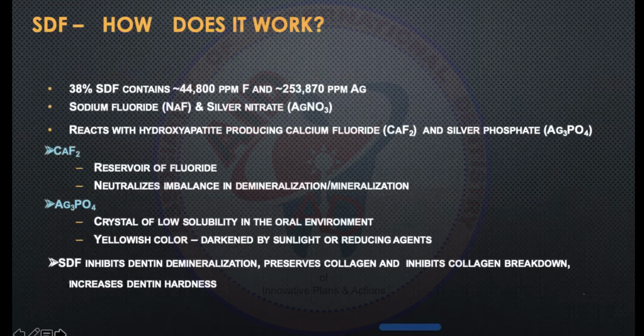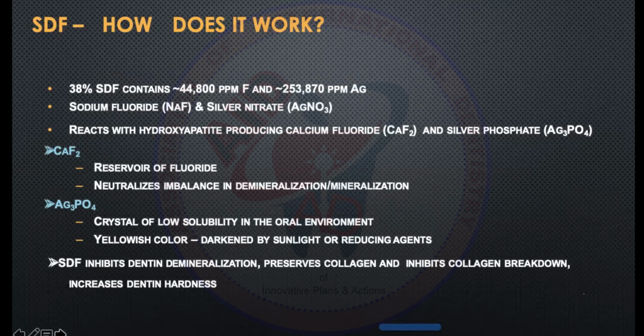Silver diamine fluoride contains 44,800 ppm of fluoride and 250,870 ppm of silver, such a high amount of fluoride and silver. Because we know that fluoride is a remineralizing agent, it provides minerals to the decalcified dentine or to the enamel, right?